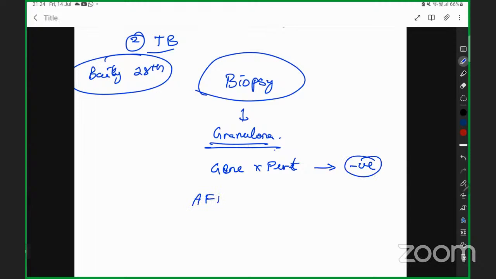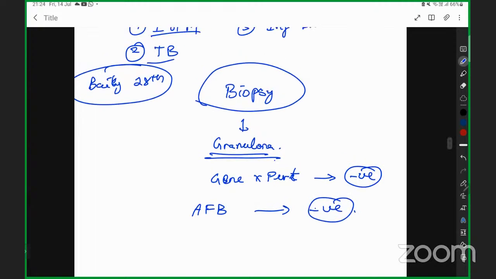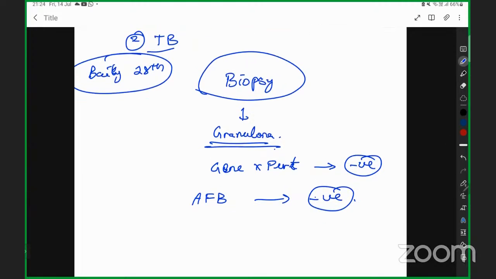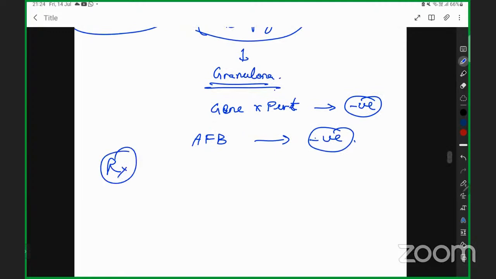Then you go for AFB, which also turns out negative. Only if these two are negative can you go for treatment with steroids. In idiopathic granulomatous mastitis, the treatment of choice is steroid.